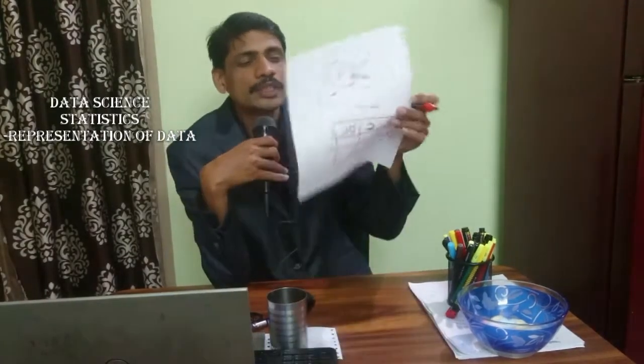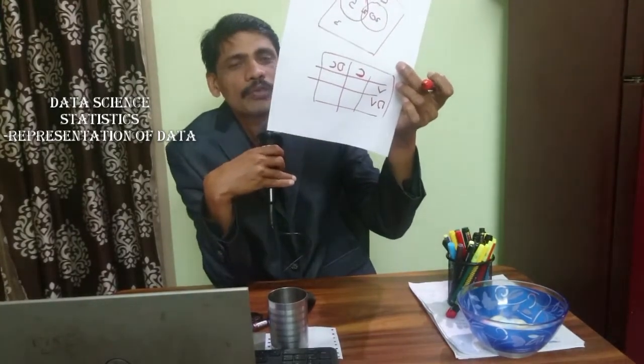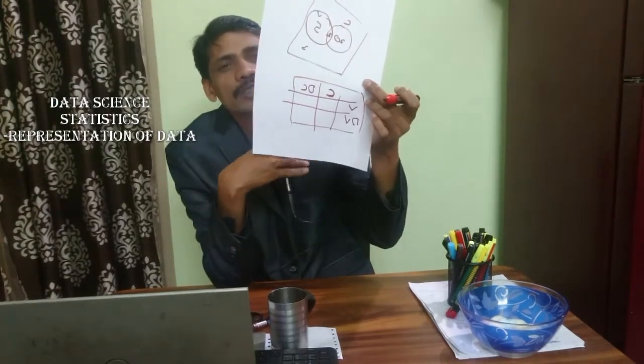So this is what we call a two-way table format, basically. We can fill those blank boxes by using our Venn diagram.